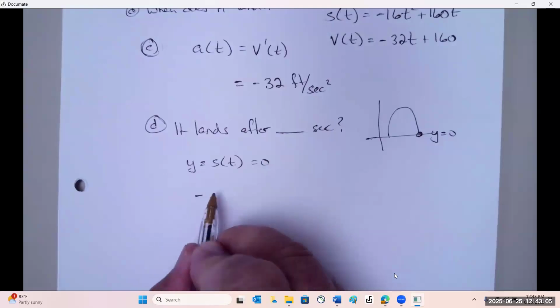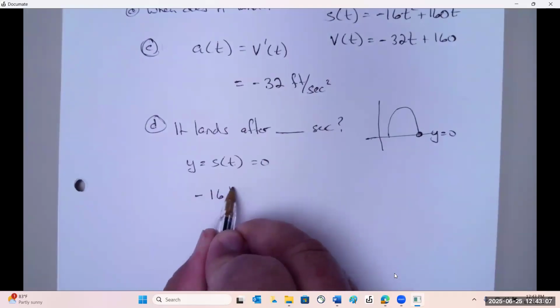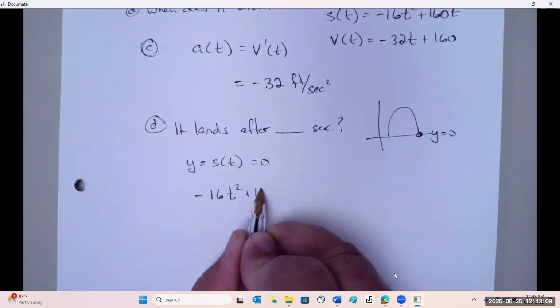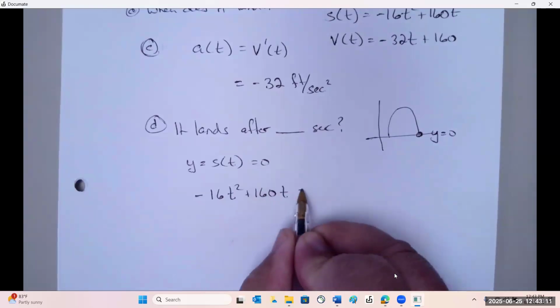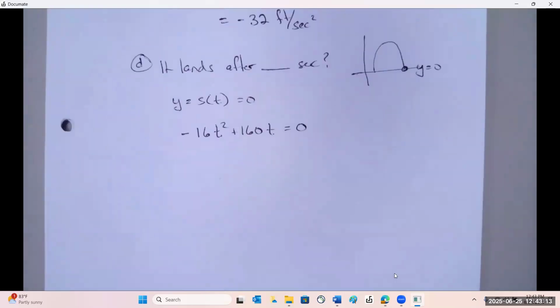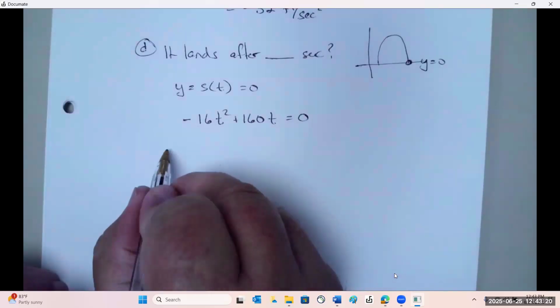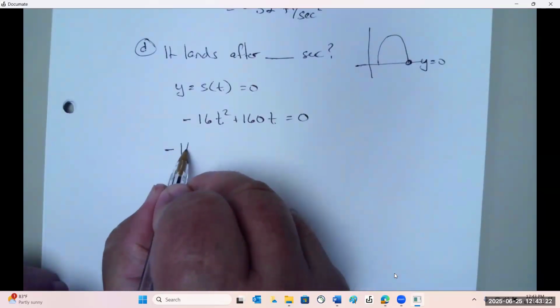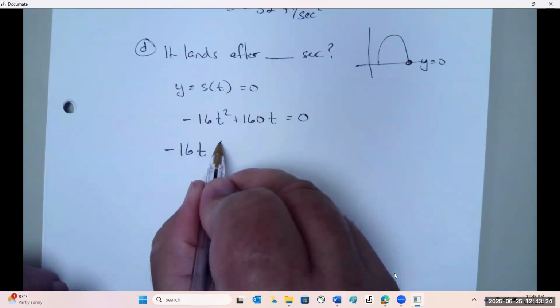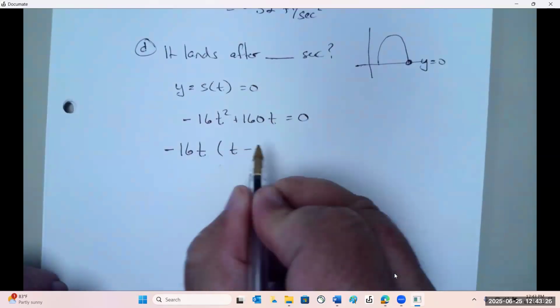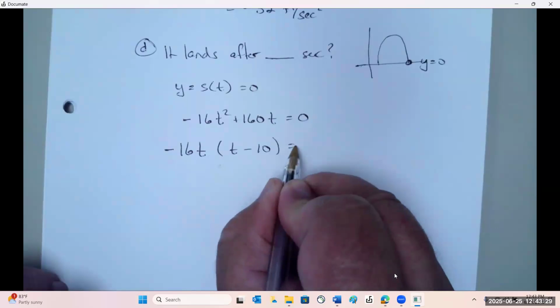So we have negative 16t squared plus 160t. Set that equal to 0. We can factor out a negative 16t, which will give us t minus 10.